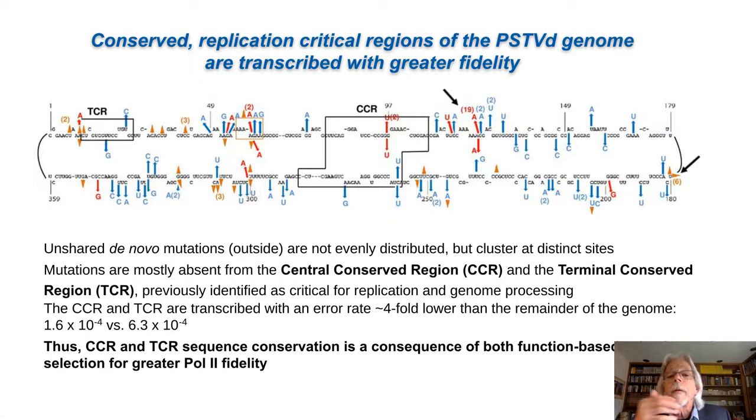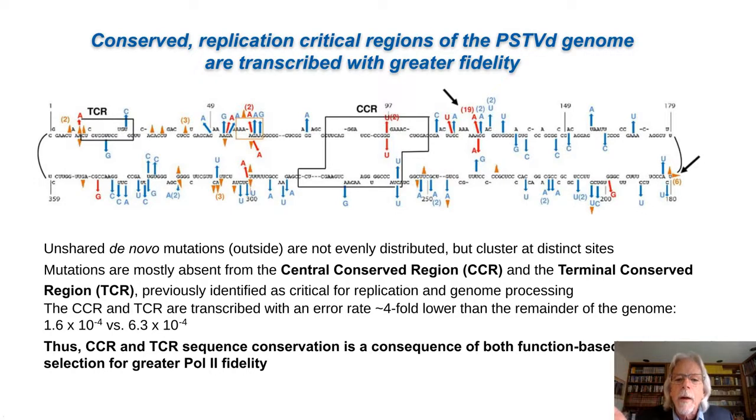What you're looking at is a diagram of the genome again, indicating the mutations that we found. Now, to the outside of the genome are the de novo mutations, and inside are mutations found in progeny populations. I'll talk about that in a minute. For the moment, let's just talk about the ones on the outside of the genome sequence.